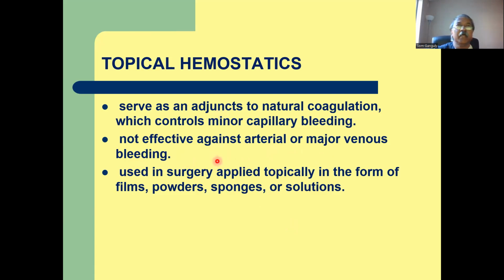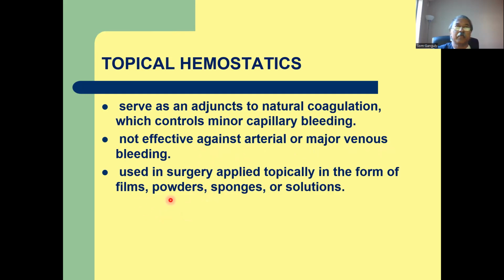We need a vascular clamp to clamp it. The regular topical hemostatics is not going to stop the bleeding because it is going to flush with the blood, because the force of the blood vessel will flush everything out. So for that major bleeder, we need special vascular clamps. But if we have minor bleeding, then we can use this topical hemostatic agent.